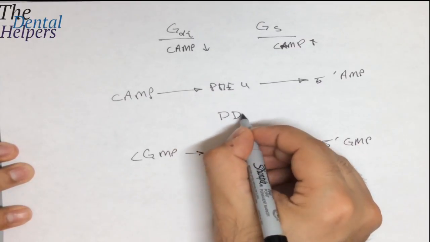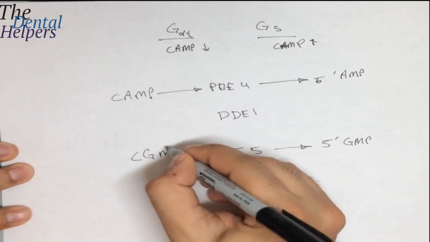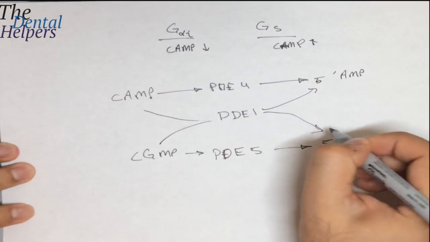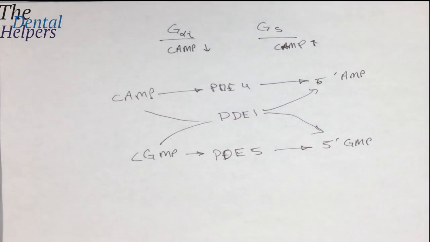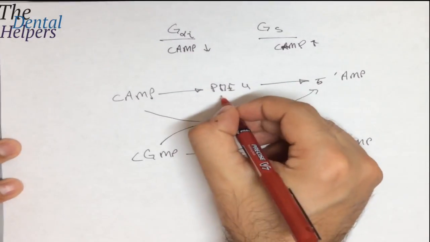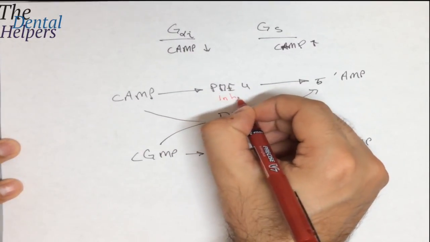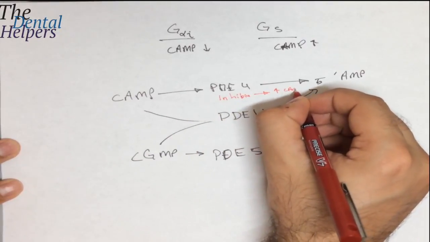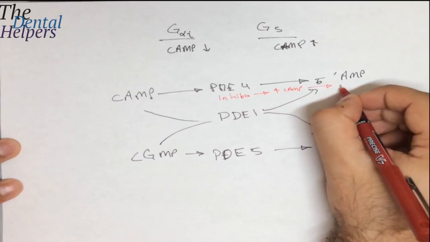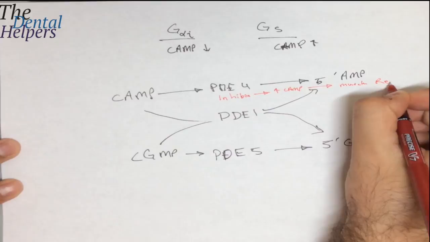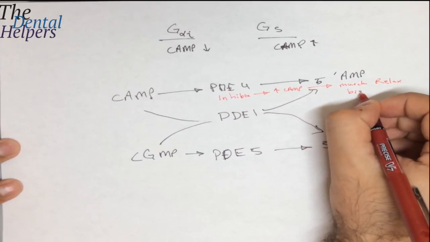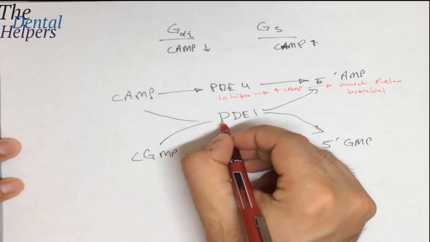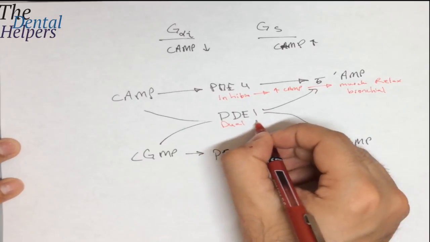And we can also use phosphodiesterase 1, which is basically going to break down both cAMP and cGMP. Now, if phosphodiesterase 4 is inhibited, this is going to cause an increase in cAMP, which leads to muscle relaxation in bronchioles. So this is ideal for patients with asthma.